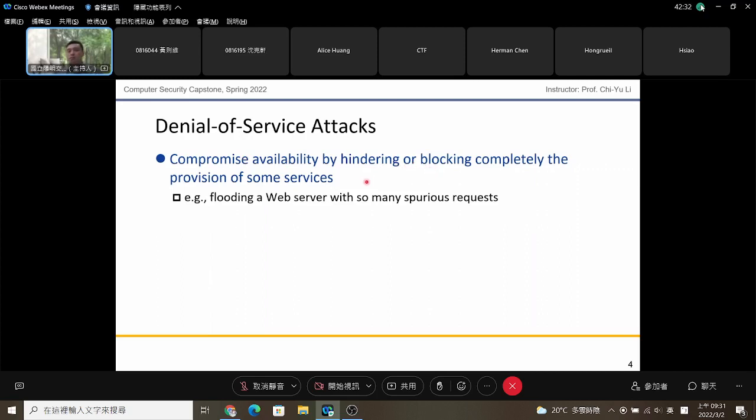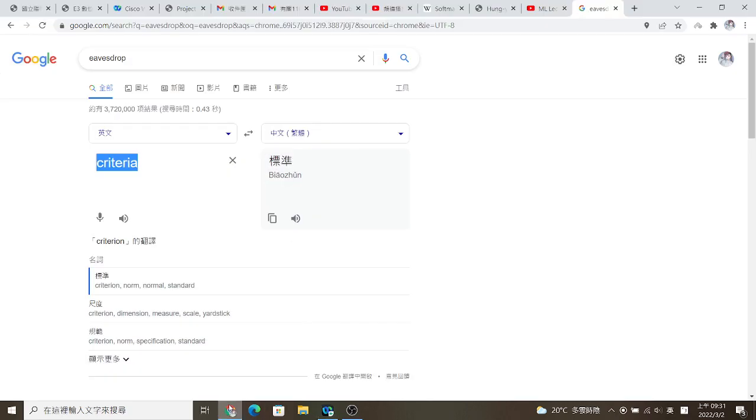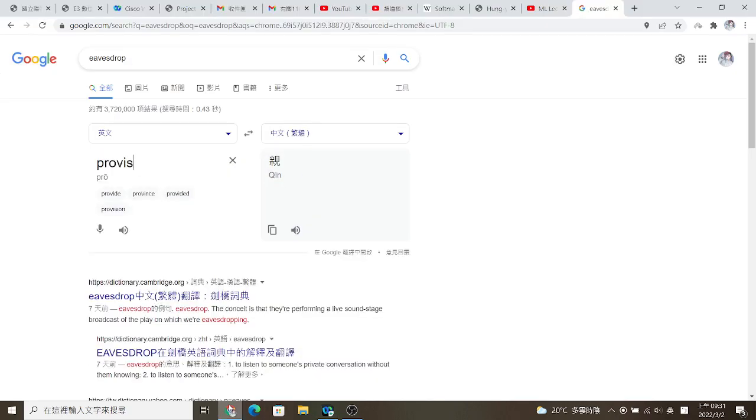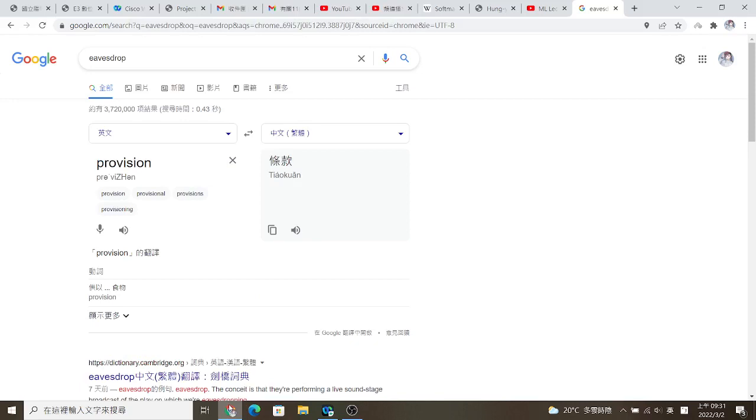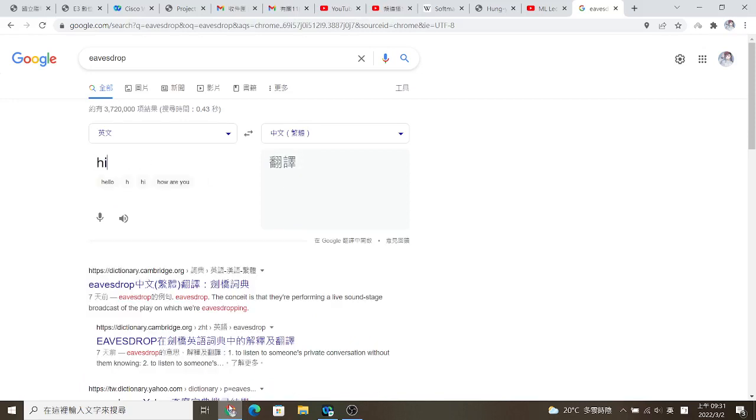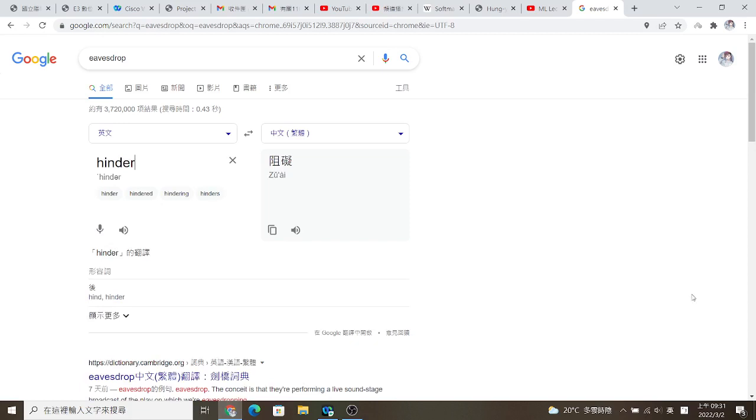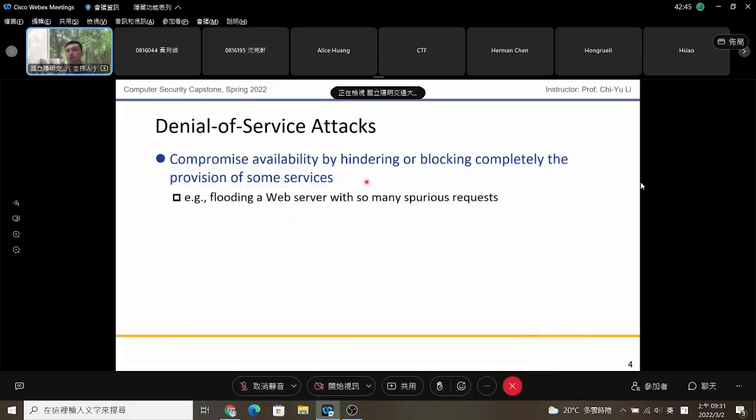Okay, so the intuition you can come up with is flooding, which is a major denial of service attack tool.